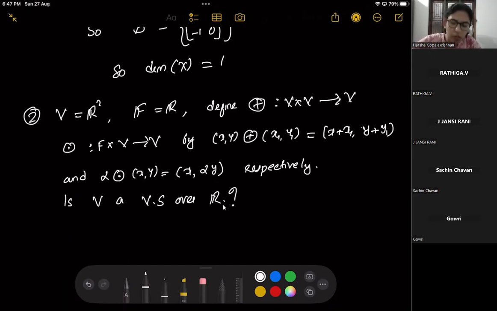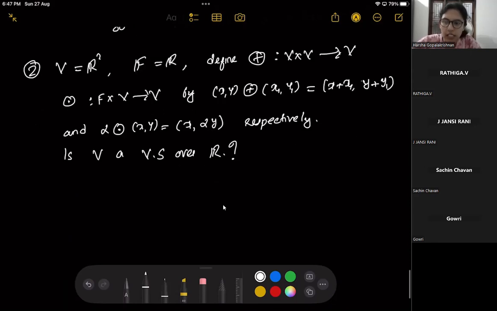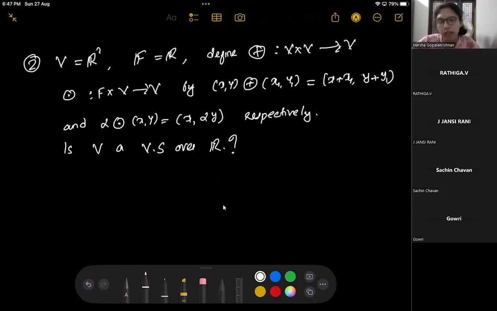In order to be a vector space, it should satisfy all the conditions of a vector space. For that, the first one is that R2 with this operation plus is an abelian group. Here we can see that this addition is actually the usual addition.